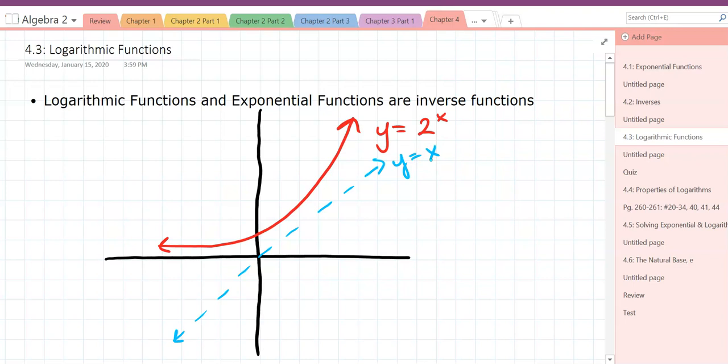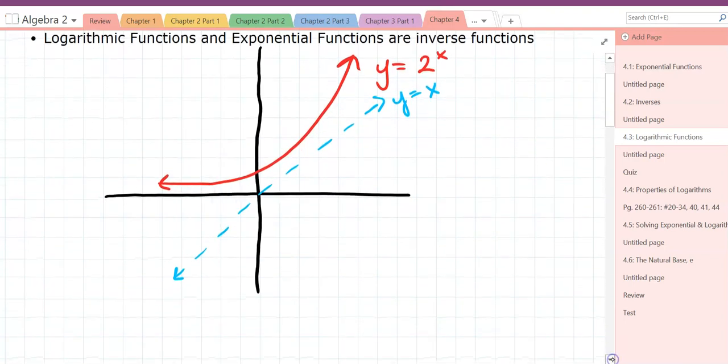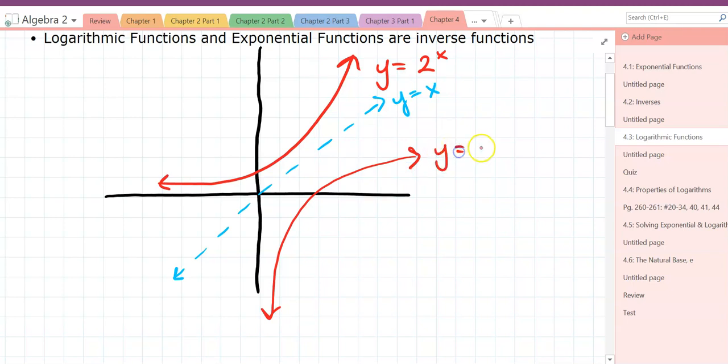It's going to reflect that exponential function over that line to get you what we call the logarithmic function, which is the inverse of it. They're going to look similar, just mirror reflections of each other. It's going to look something along the lines of that. How we would write that as a logarithm is y equals log with a little 2. So instead of an exponent 2, it's a subscript now because it goes below, and then x.